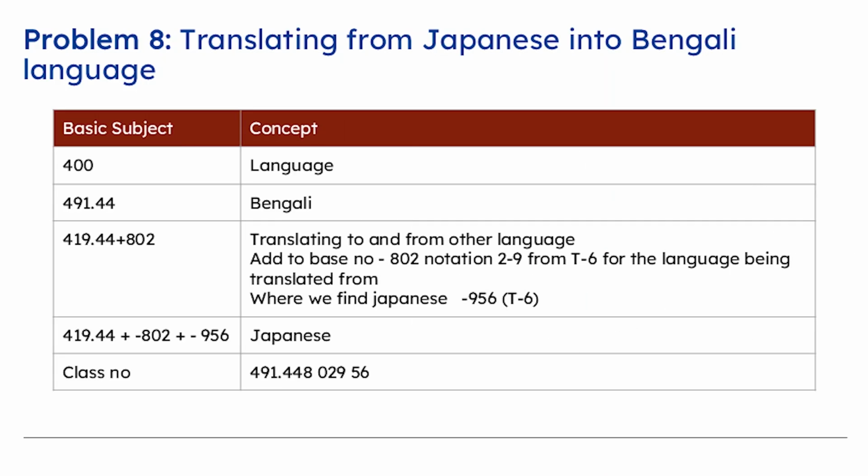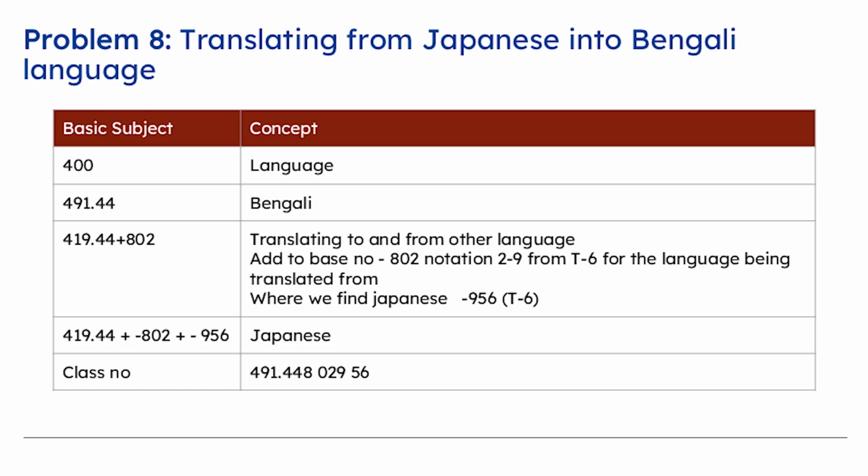Next another number: translating from Japanese into Bengali language. The Bengali number is 491.44, and there is an add note for translating to and from other languages, we have the number 802. Add to base number dash 802 the notation 2-9 from table 6 for the language being translated from.